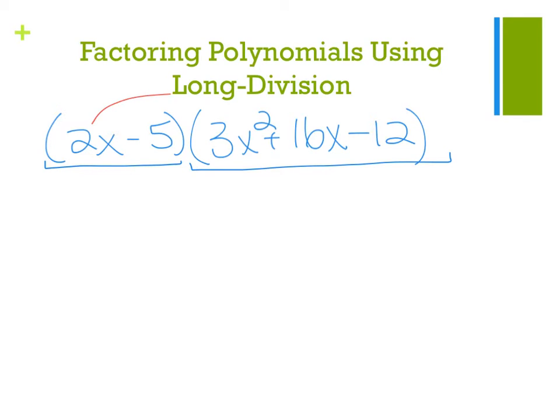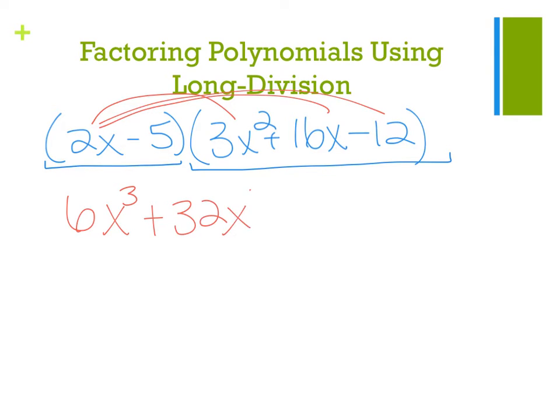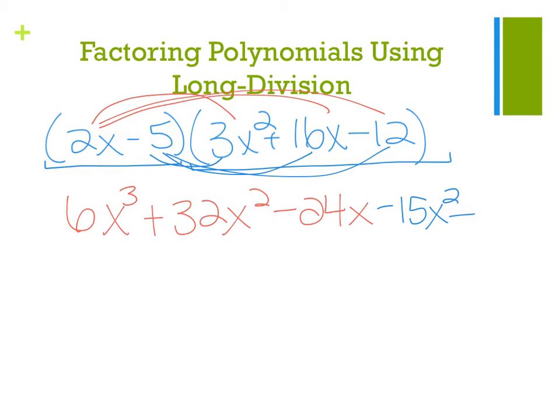So if I multiply here by distributing the 2x to each of the terms, I get 6x cubed plus 32x squared minus 24x. And then if I distribute the negative 5 to every term, we get negative 15x squared minus 80x plus 60.